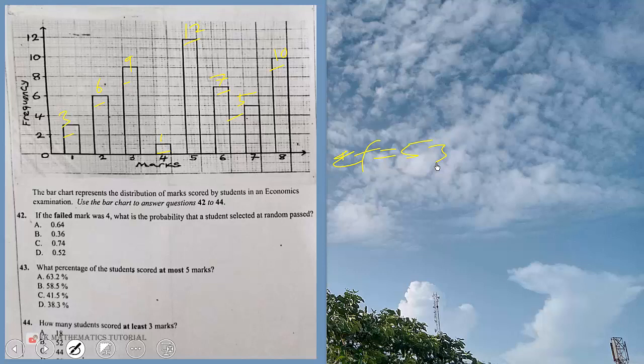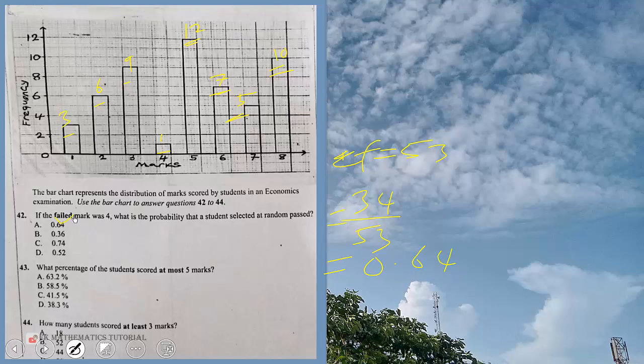If he passed, then he scored 12 plus 7 plus 5 plus 10. So that will give you 34 over 53, which is approximately 0.64. So the correct answer is option A.